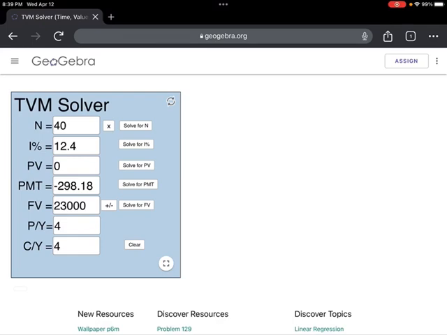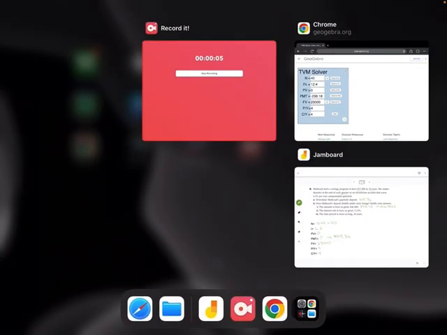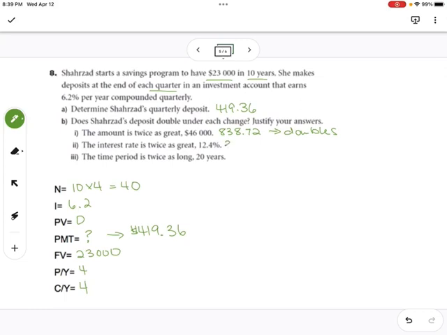And we get $298.18. Okay, so when our interest is doubled, then our deposit amount does not double.